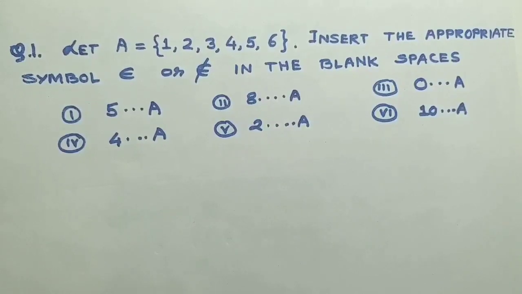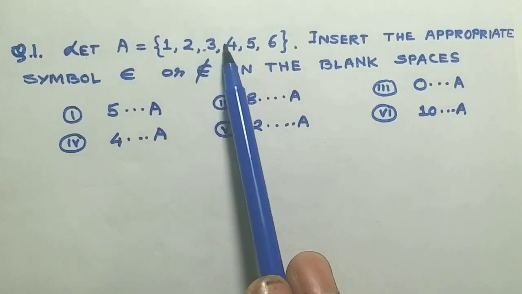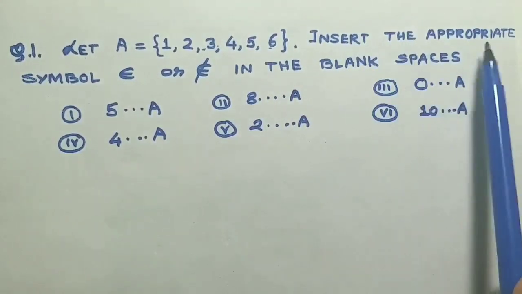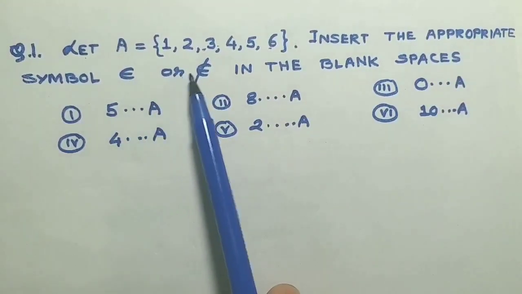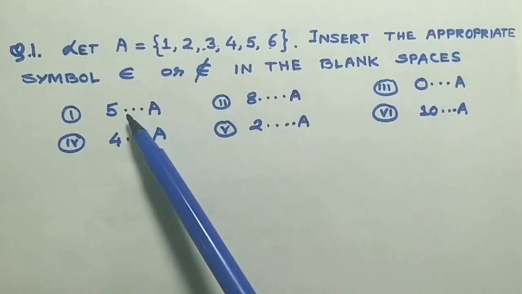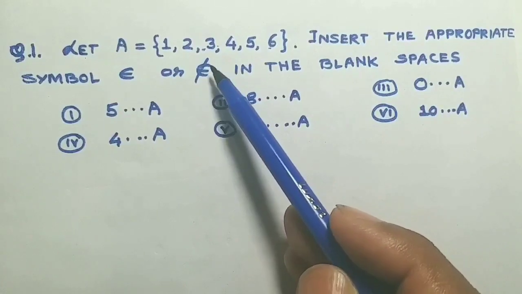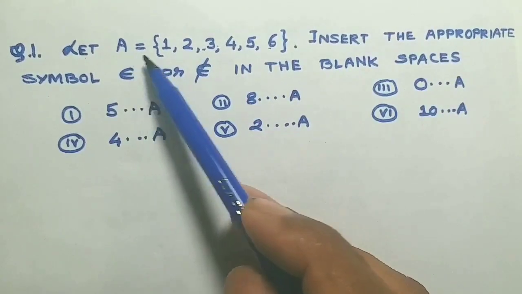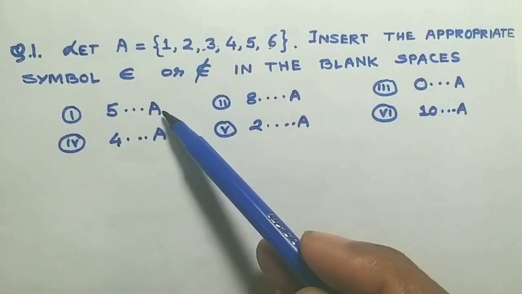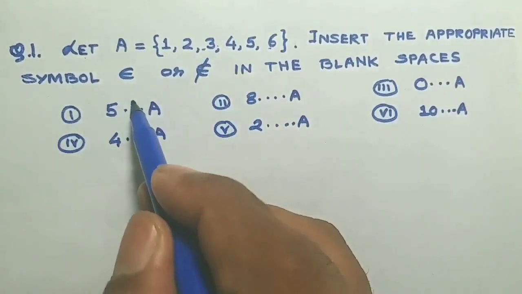Now let us work out a problem from the textbook. Let A equal 1, 2, 3, 4, 5, 6. So these are the elements. Insert the appropriate symbol, epsilon or not epsilon, in the blank spaces. These symbols are used to represent whether elements are in A or not in A. If 5 is inside A, we use epsilon.